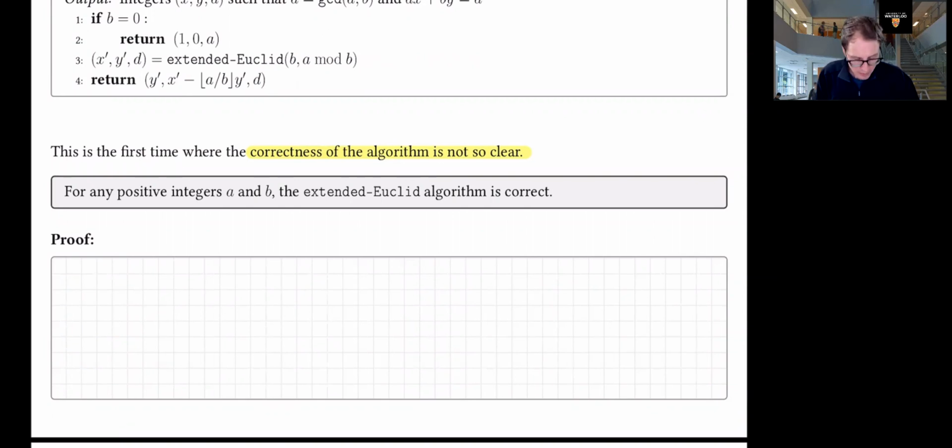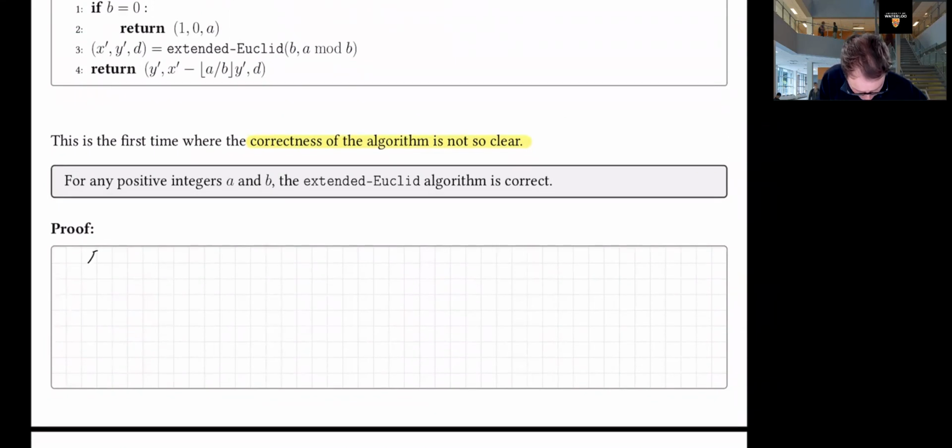So let me say, just repeating what I said there, first note the GCD of A and B equaling D is correct.